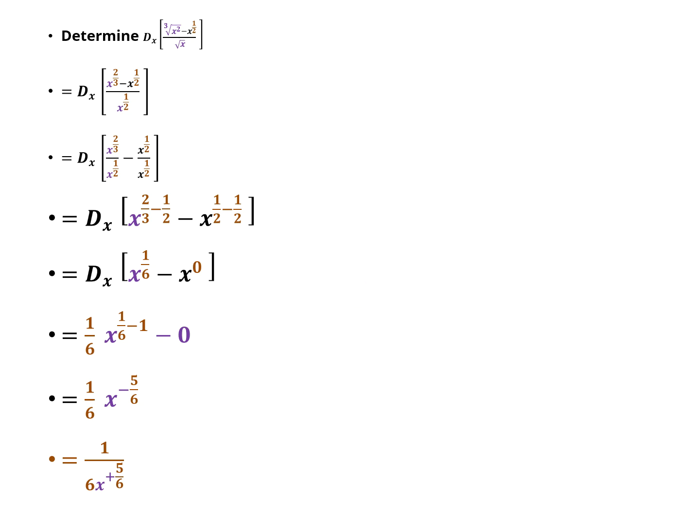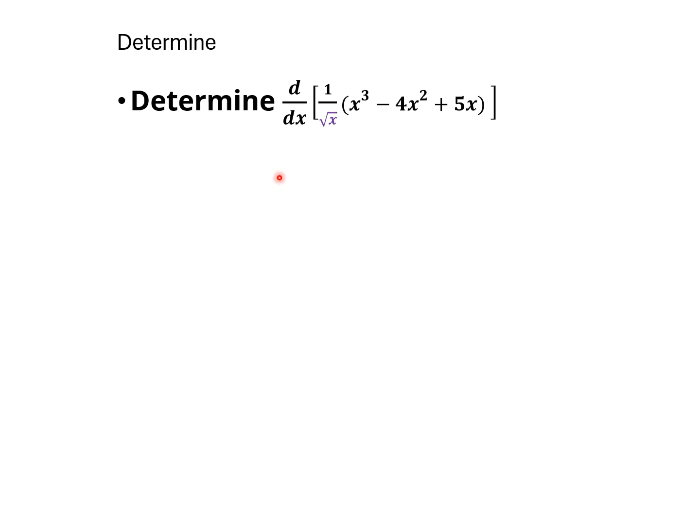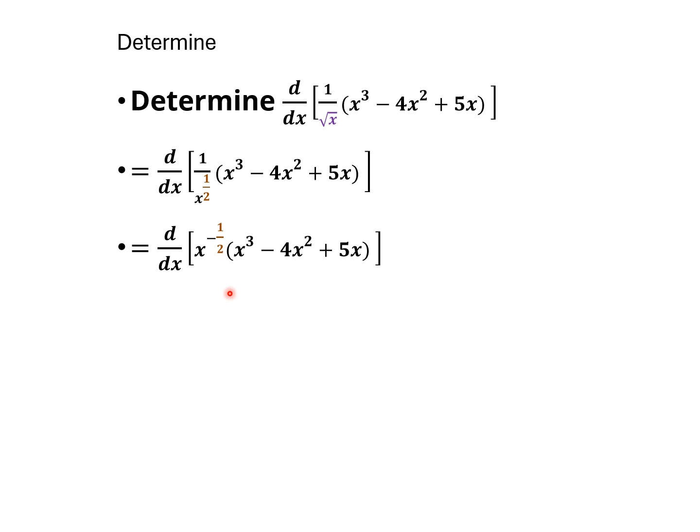As I say, the more problems we do, the easier it becomes. Determine d over dx given 1 divided by square root x, times x cubed minus 4x squared plus 5x. So we're giving you surds with products. If we multiply out, that will become 1 over x to the half times x cubed, that times that times that. So x cubed divided by x to the half, minus 4x squared divided by x to the half, and so on.